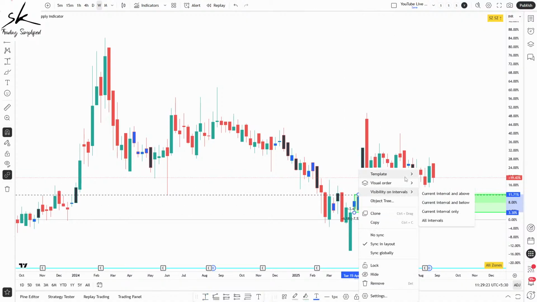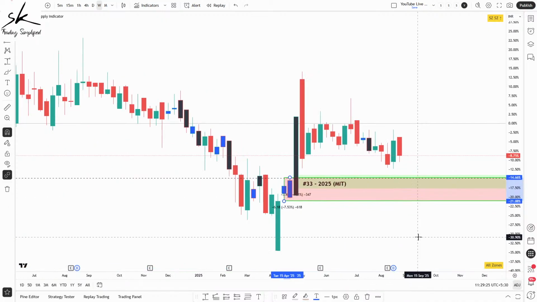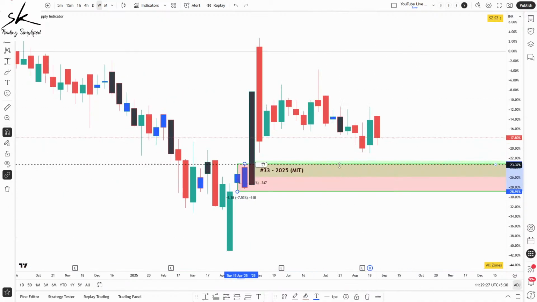So I want the basing of both the intermediate and the lower time frame to be common. In this case, you can see it is a little bit outside. So if you want to be aggressive, you can say I want the lower time frame zone to be completely inside of the intermediate based on the basing, because basing is where we draw the zone.